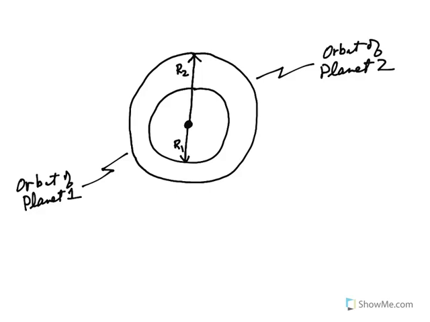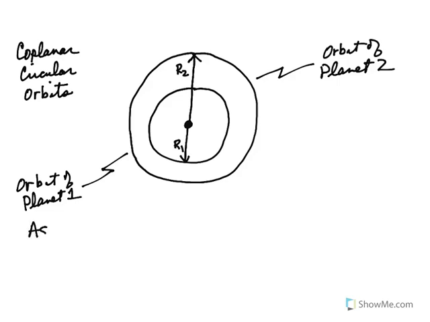Now, we're going to do this with a two-impulse transfer. So these, again, are coplanar circular orbits. Now, we're going to use a two-impulse transfer, as I said.